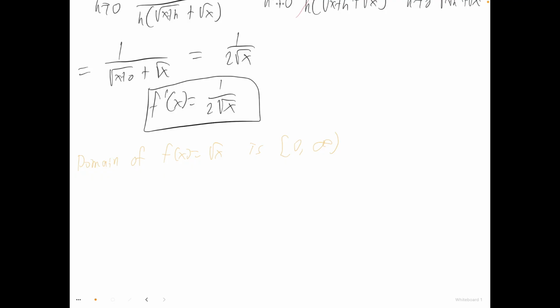We can't have 0 plugged in because we'd be dividing by 0. So the domain of f prime of x, which is 1 over 2 square roots of x, is 0 to infinity, excluding 0. And so we got a smaller domain when we did this. The domain does potentially shrink in this computation.